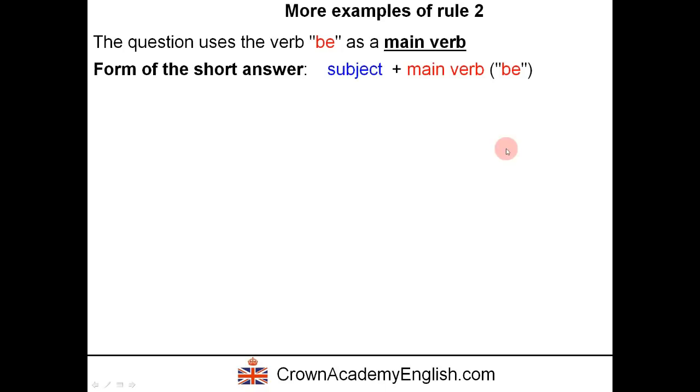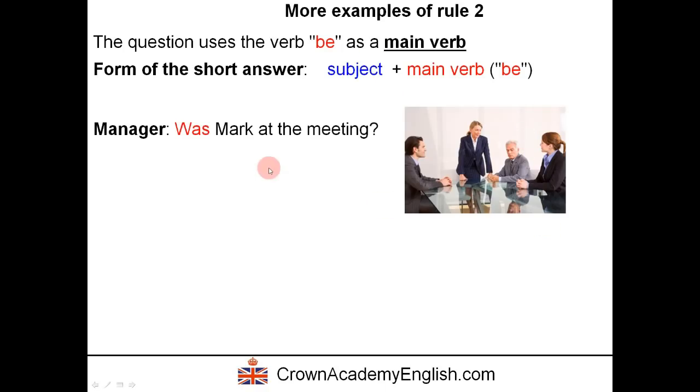More examples of Rule 2. Was Mark at the meeting? So here we have the verb be in the past tense, and it is the third person singular, masculine. The verb be is a main verb.